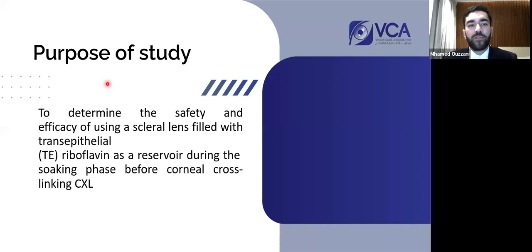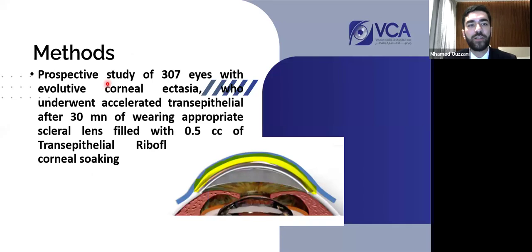The purpose of our study here is to determine the safety and efficacy of using a scleral lens filled with the transepithelial riboflavin as a reservoir during the soaking phase before corneal cross-linking. So we did a prospective study of 307 eyes with evolutive corneal ectasia who underwent accelerated transepithelial cross-linking after 30 minutes of wearing an appropriate scleral lens filled with the riboflavin.